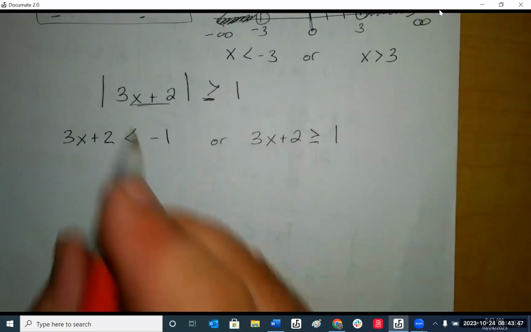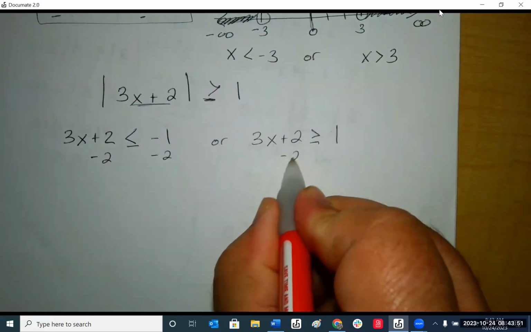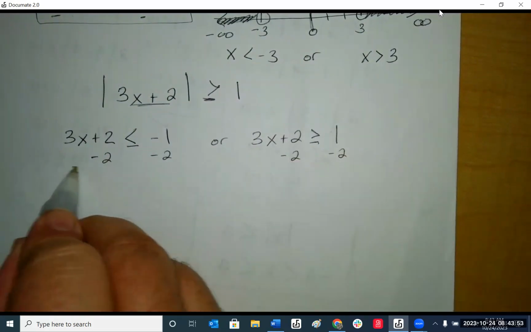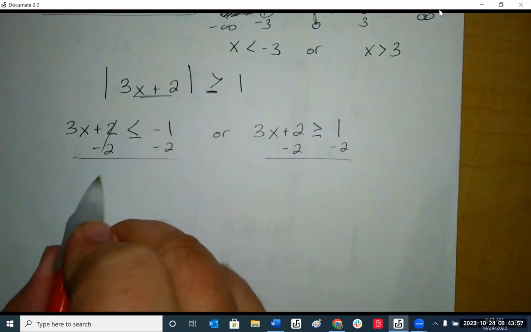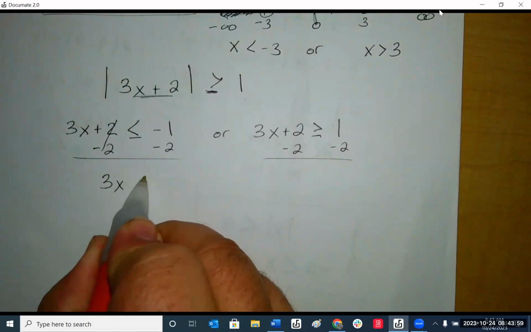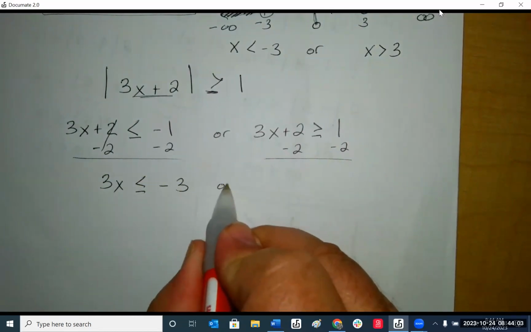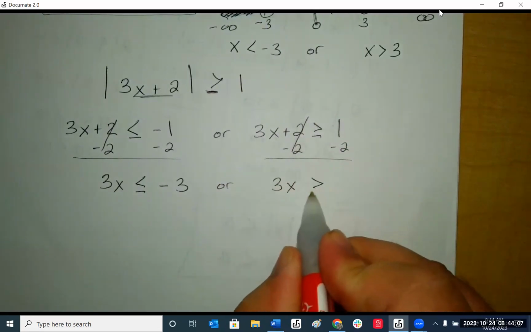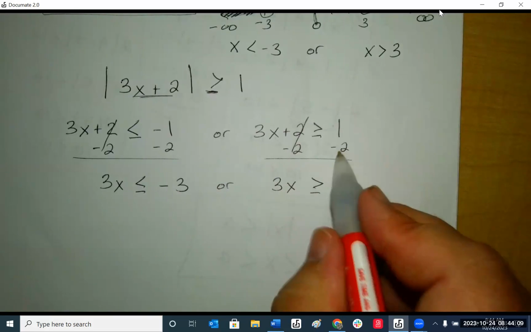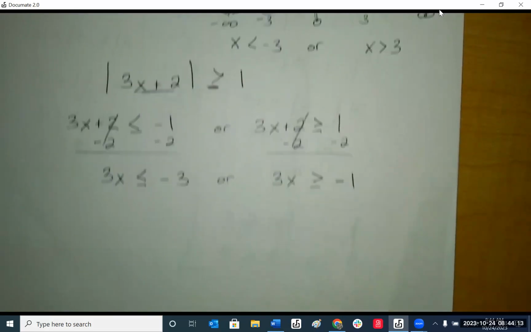Now we just work them out. Subtract 2 across the board. 3x is less than or equal to negative 3. 3x is greater than or equal to 1 minus 2. 2 is bigger, so it's negative. 2 minus 1 is 1.